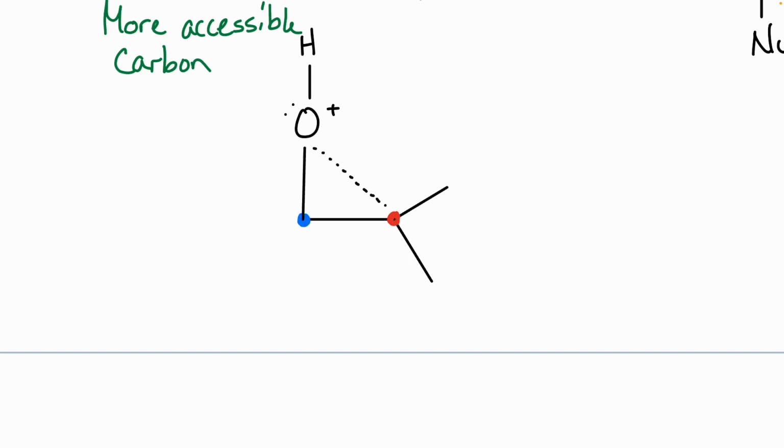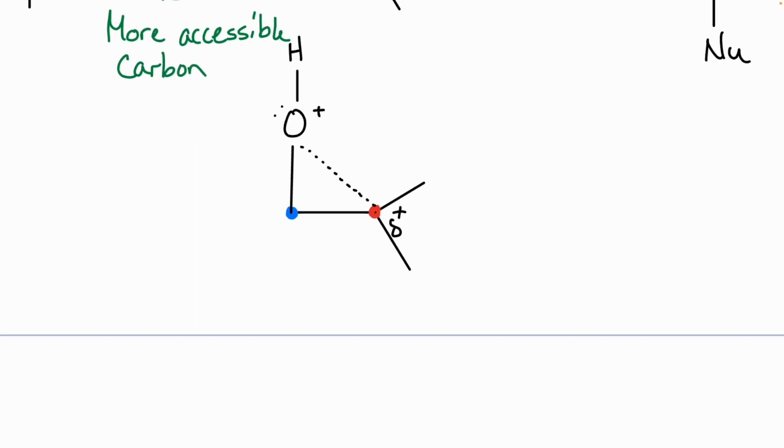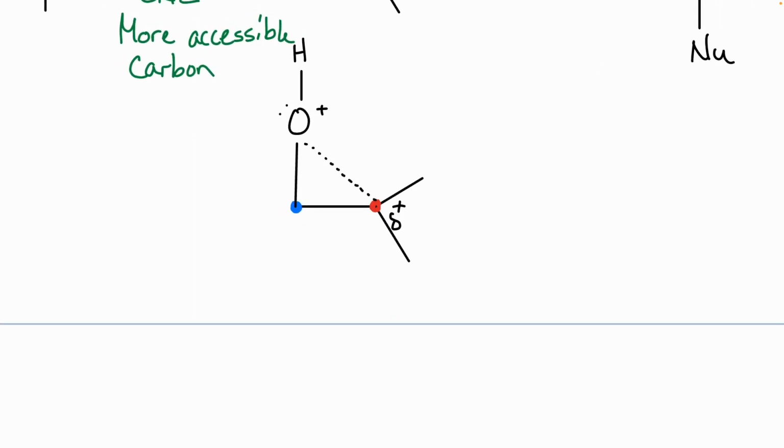We got this half broken, half formed bond here with this partial positive charge on this carbon. Because it's a tertiary carbon, it's sort of happy bearing that positive charge. So the bottom line is that this bond right here is especially weak because of that tertiary carbon.